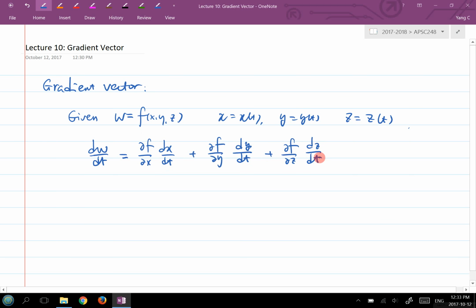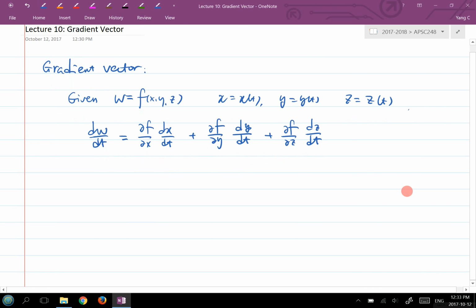I'm going to manipulate this a little bit. I'm going to rewrite this into two parts. See, this is partial f over x times this, times this, times this.